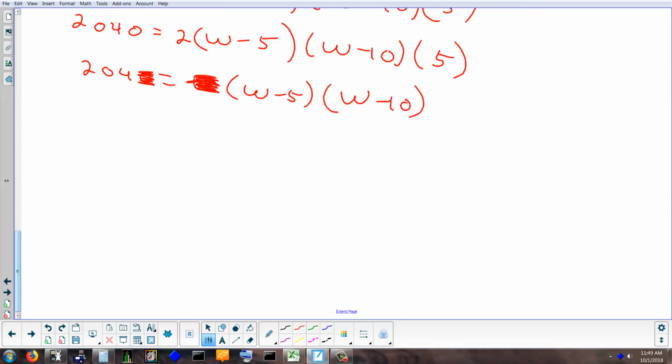Okay, so now let's FOIL out what's on the right-hand side. Okay, W times W. How about, Isabel, what's W times W? Yep. W squared. Yep, perfect. W squared. W times negative 10. How about Nick? Negative 10W, and then we have another negative 5W.